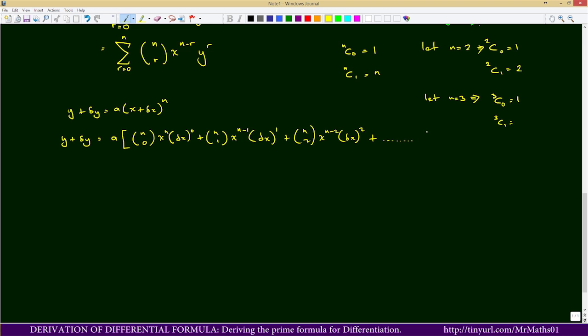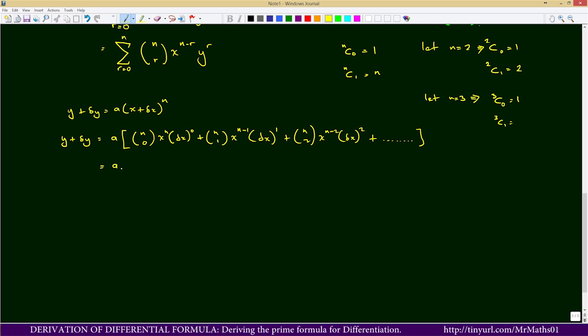I'm not going to be bothered to write them all. And now I'm going to open up the square bracket so we multiply with a. Alright, so now n choose 0 is 1, so I'm going to leave that behind.